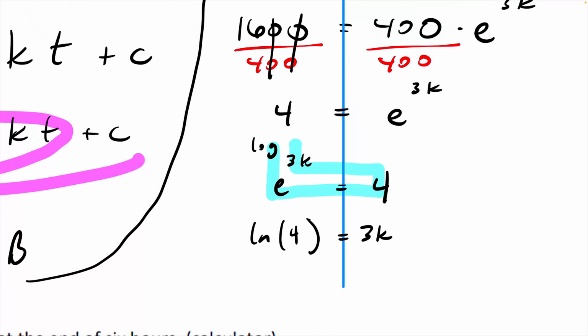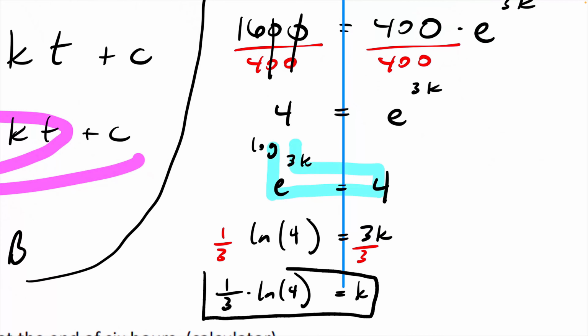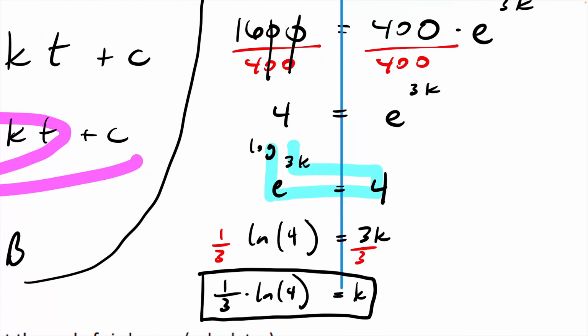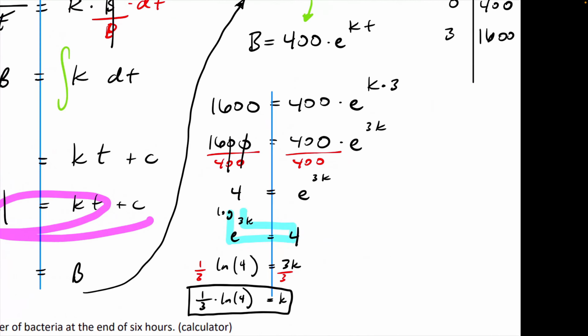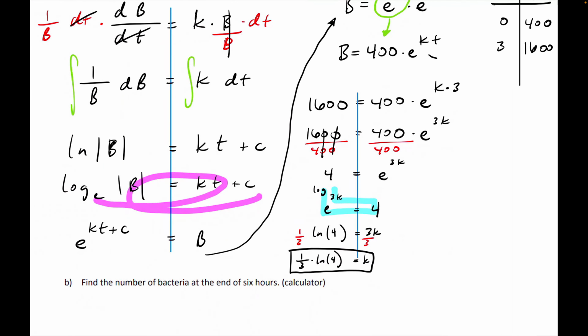Okay? How do I get k by itself? Divide by 3. So k is 1/3 times the natural log of 4. So this guy here, I'm going to put in what I know.